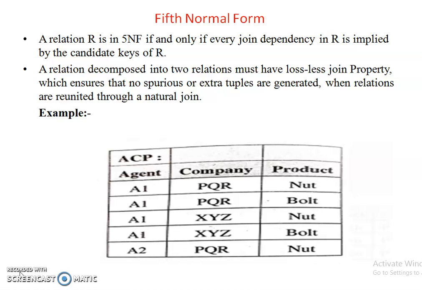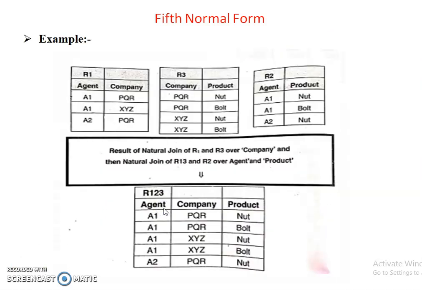This relation ACP is decomposed into three relations, namely R1, R2, R3: agent-company, company-product, and agent-product. The result is the natural join of R1 and R3 over the company, and the natural join of R3 and R2 over the agent and product.